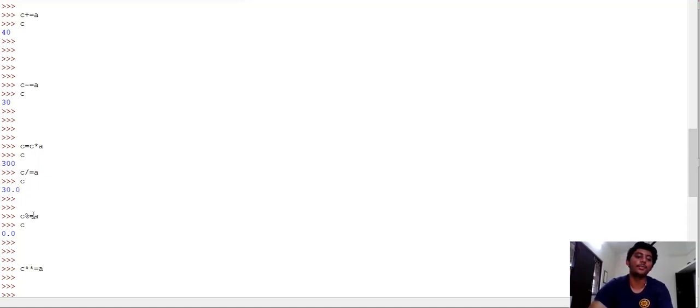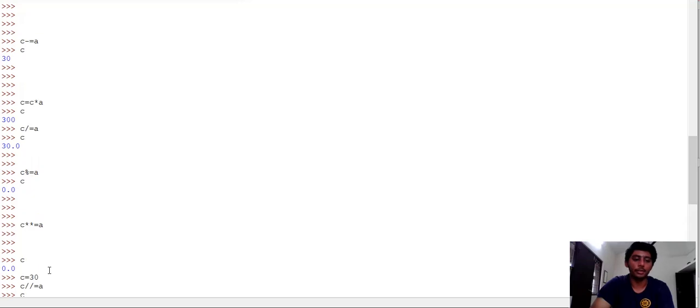C percentage equal to A, that is C equal to C mod A. Since the value of C is 30 and the value of A is 10, 30 divided by 10, the remainder will be 0, so the answer is 0.